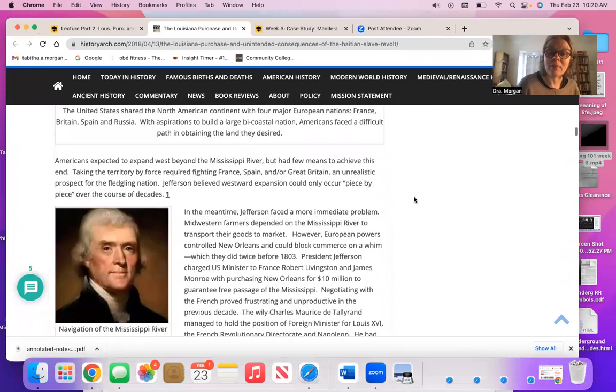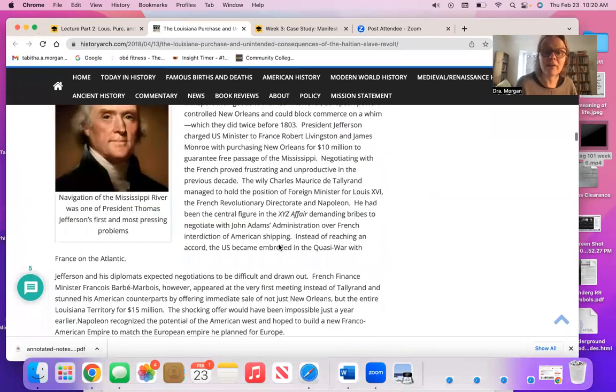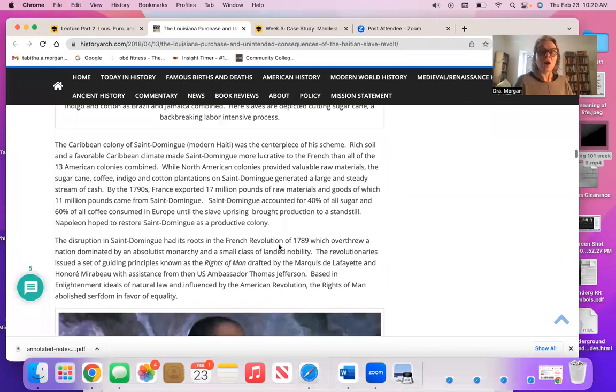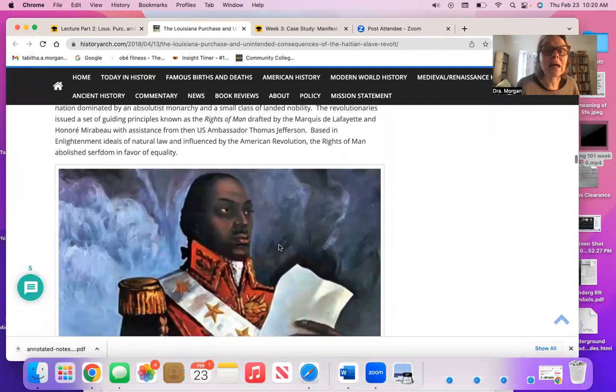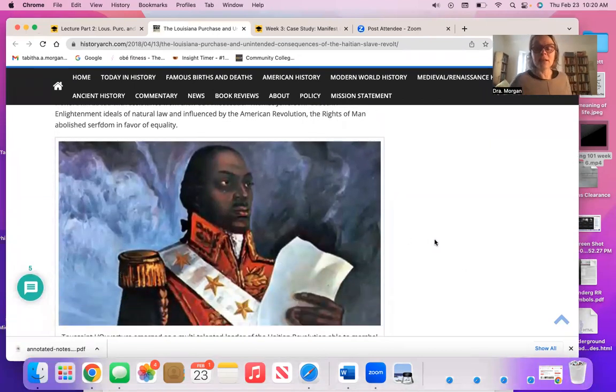Then what also happens is that there's the Haitian Revolution. So this guy, Toussaint Louverture, I said that with a Spanish R. I don't speak French. He ends up having this revolt against France, saying, I don't want to be owned by France.